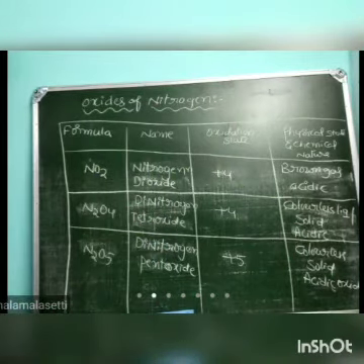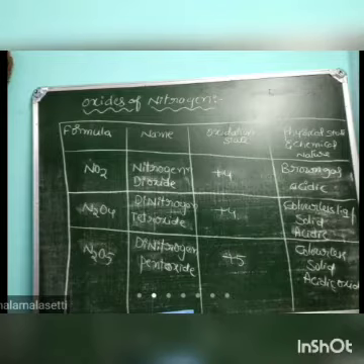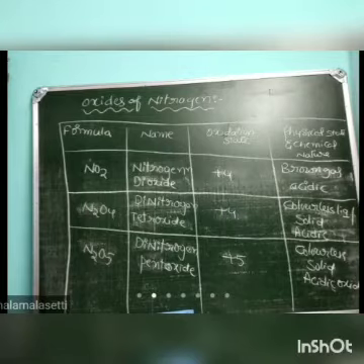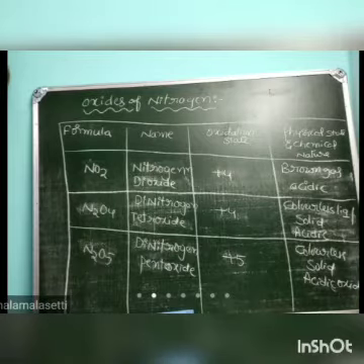That is about the name, formula, oxidation state, physical state, and chemical nature. Now we are going to discuss one by one the chemistry of each and every oxide.